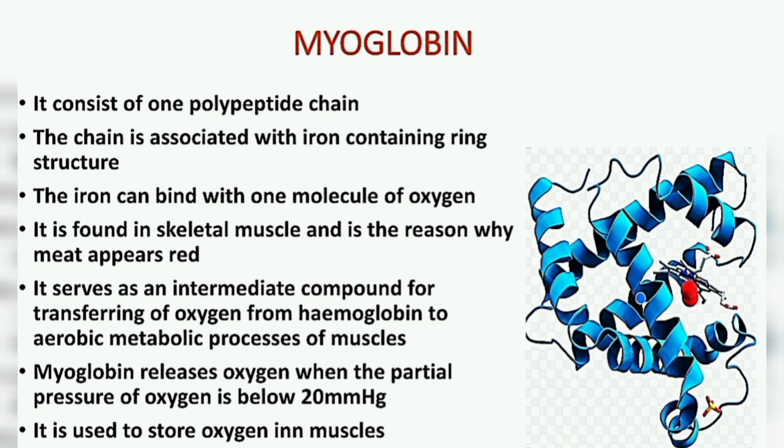It only releases oxygen when the partial pressure of oxygen gets too low, so it is used to store oxygen in the muscles. So myoglobin functions to store oxygen in the muscle, which is used when we do hard exercises, so that the oxygen is present in the muscles.